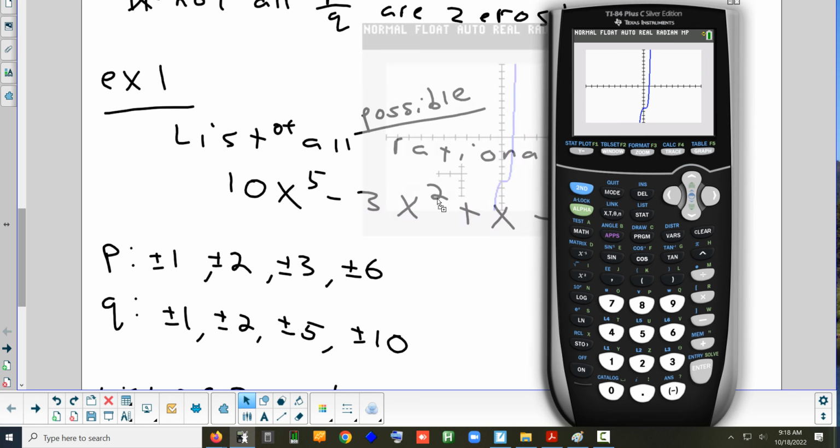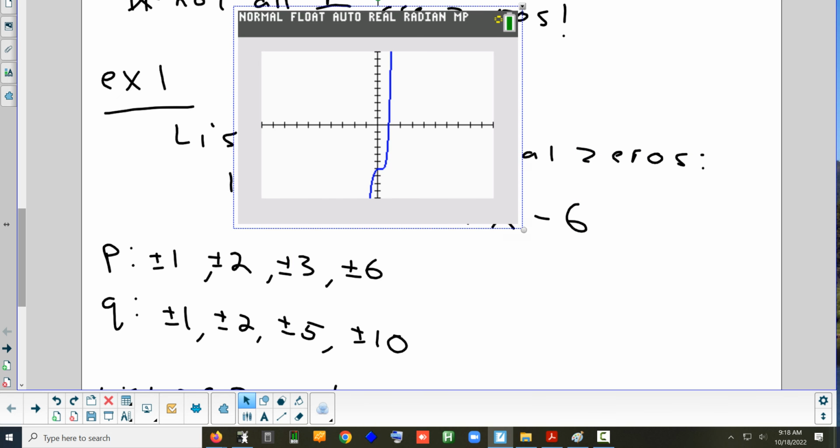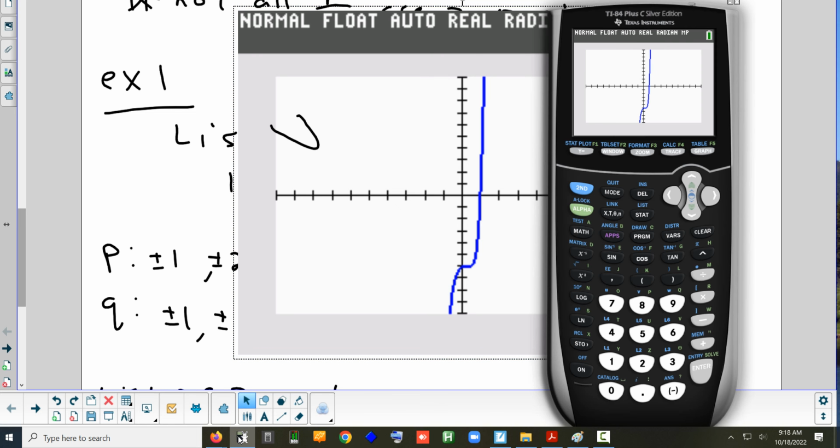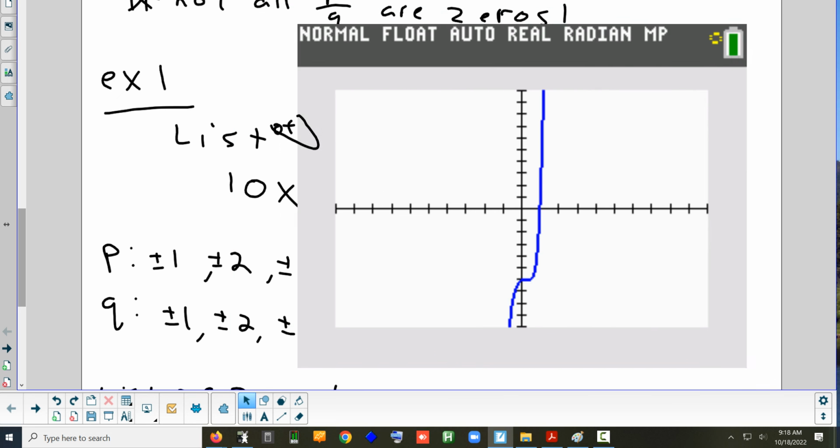Okay, so here's our graph. Let me double check, make sure I typed that in right. Did other people get a picture that looked like that? You did? Okay, then I probably typed it in right. I just wanted to double check.